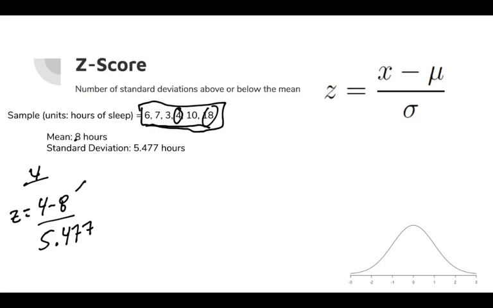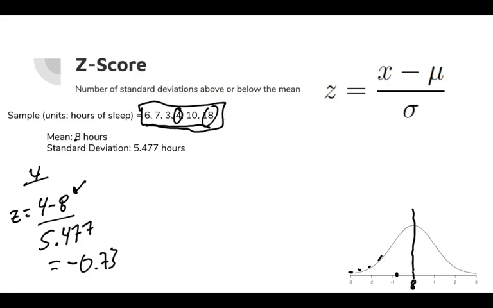Now notice, this is going to give me a negative number. This ends up coming out to be negative 0.73. Okay, and then if I go over to my standard normal, here's where the average is, and so this is technically where 8 would be sitting, and with the standard deviation of negative 0.73, that puts me right about here.